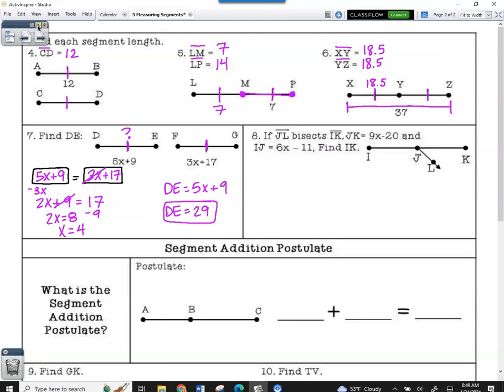Look for key words like bisects to tell you something has just been cut in half. And then find it and mark the pieces, the 2 half pieces, okay? So everybody should be taking notes on their picture for number 8, and then I'm going to put it on the board and we'll compare answers.